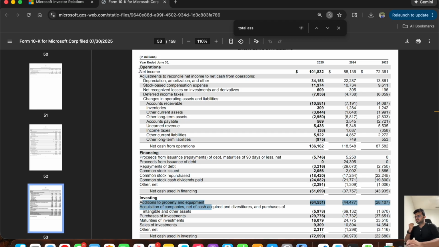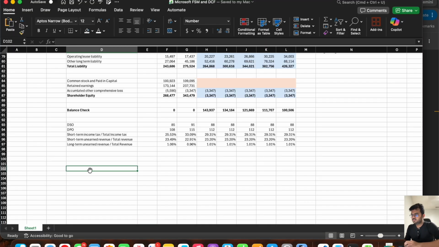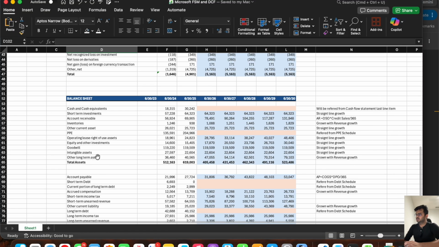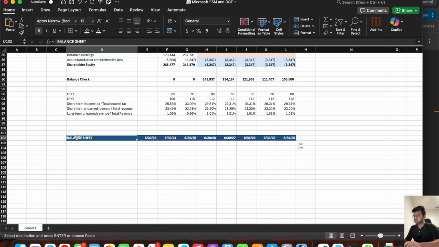The good thing is we don't want to input line by line items in this cash flow statement and input all the historical data. There is a more efficient way to do it. Let's get started. Let's go back to our Excel workbook, and I'll first copy this. Let's say this is cash flow statements.